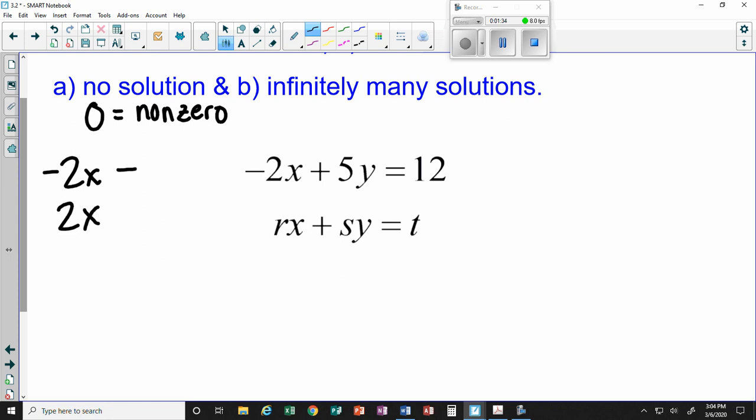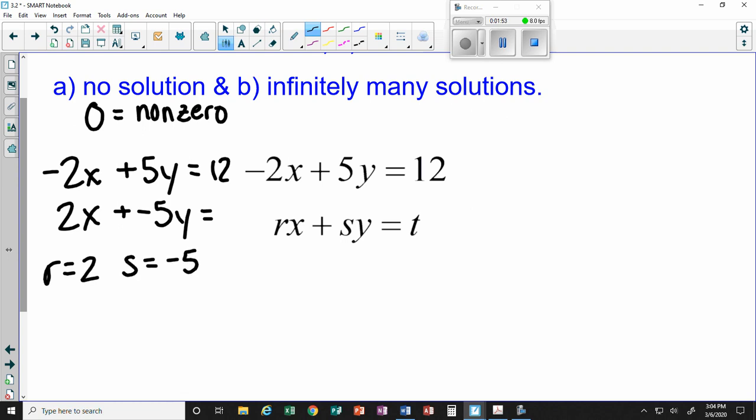I'd have to have plus 5y, so S is negative 5y. And this equals 12. So T could be anything except for negative 12. So R is 2, S equals negative 5, and T could be any number except for negative 12.